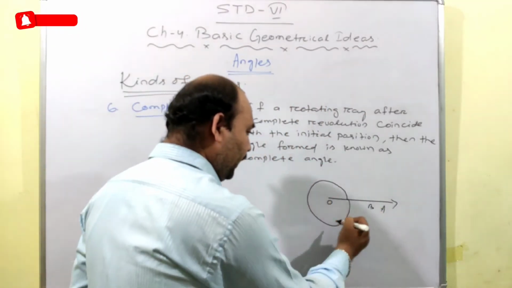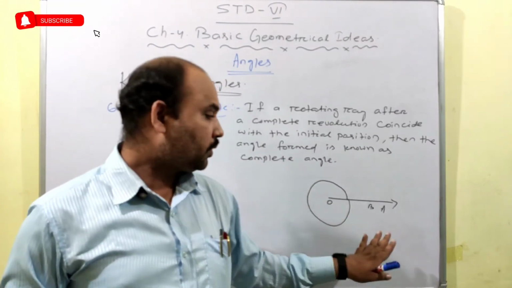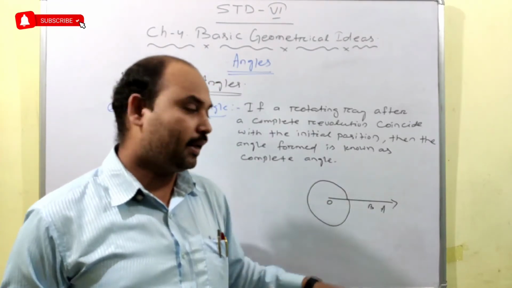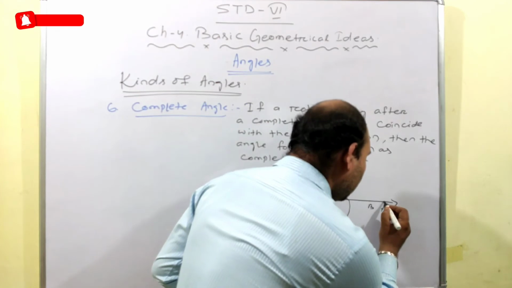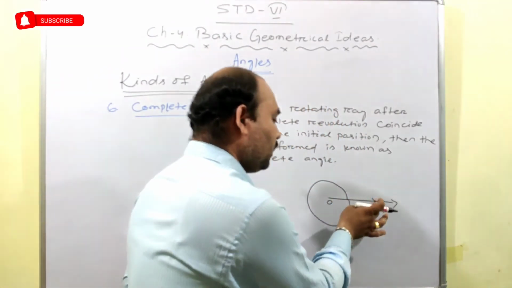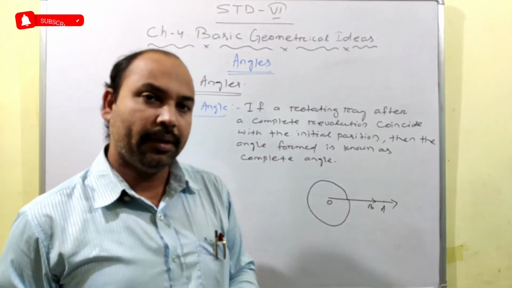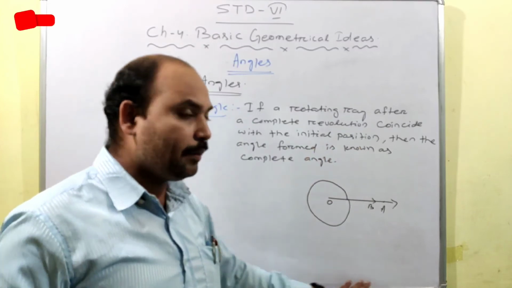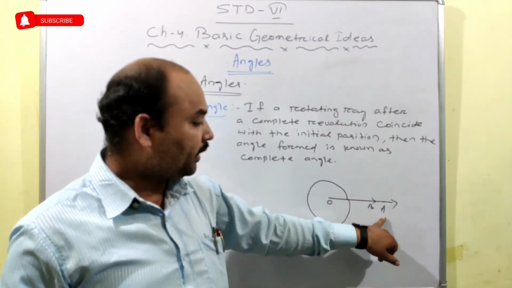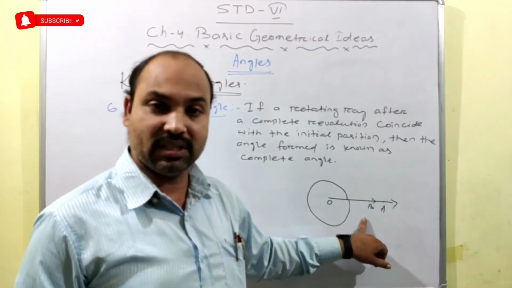Then this complete rotation or complete revolution is known as your complete angle. Here the first point is here. It is the OA ray. When this OA ray makes one revolution, it means it has moved fully. Then the initial position and the final position are in the same line, which is known as coinciding with each other.